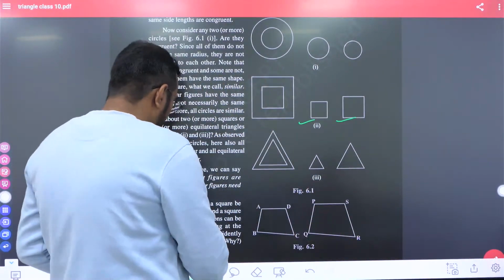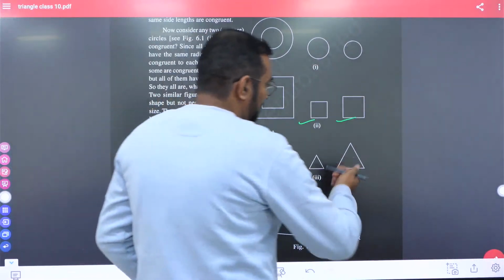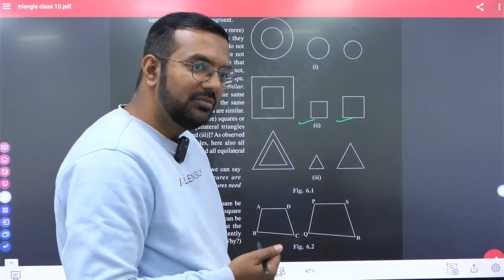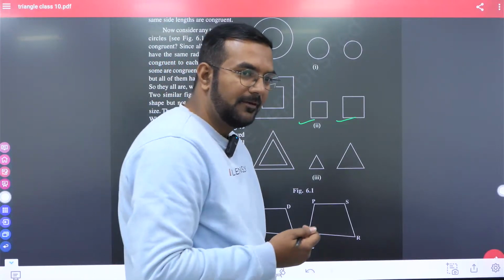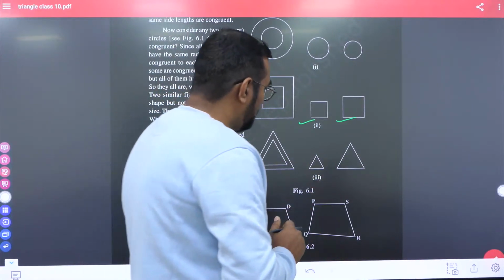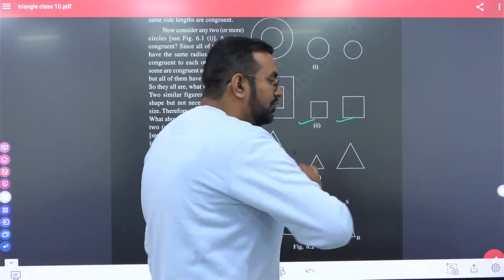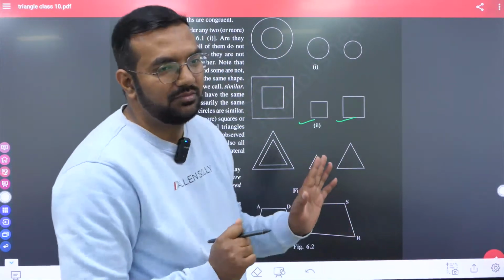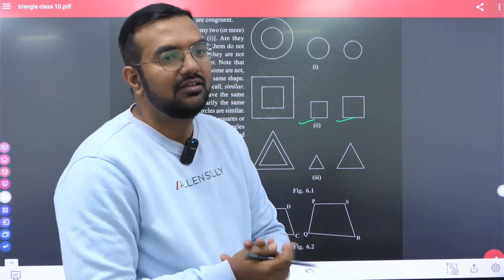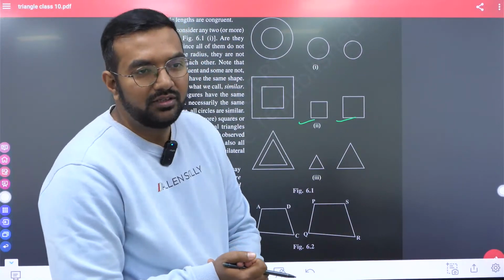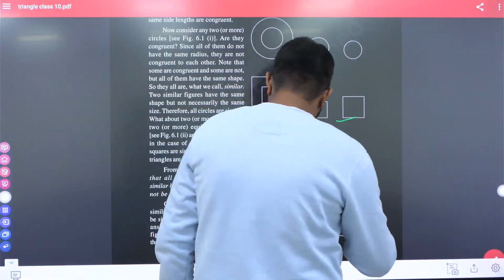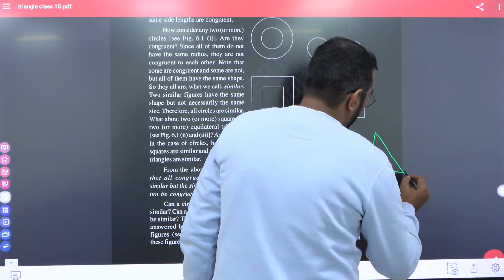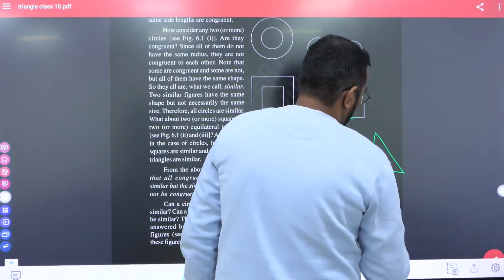What about two triangles? Are two triangles always similar? No. If the triangles are equilateral, then they are always similar. All equilateral triangles are similar. For example, we have this triangle, a right angle triangle, and this one.